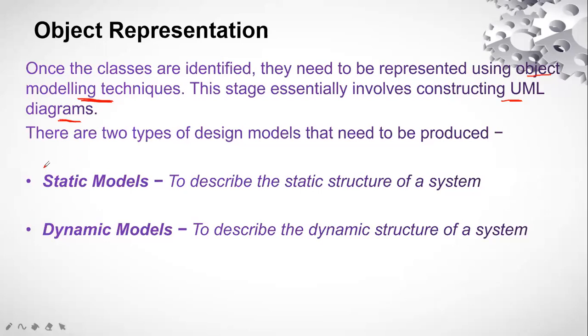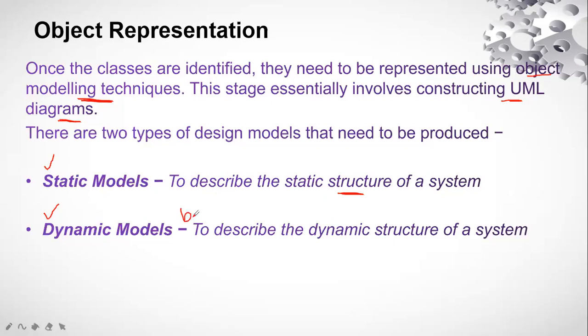And this is the same thing I was telling you, that there are two broad classifications of models in terms of UML diagrams, right? Those are the static model and the dynamic model. Static means remaining the same even with time, and dynamic means changing according to time. When we say static, we are talking about the structure, and when we say dynamic, we are talking about the behavior.